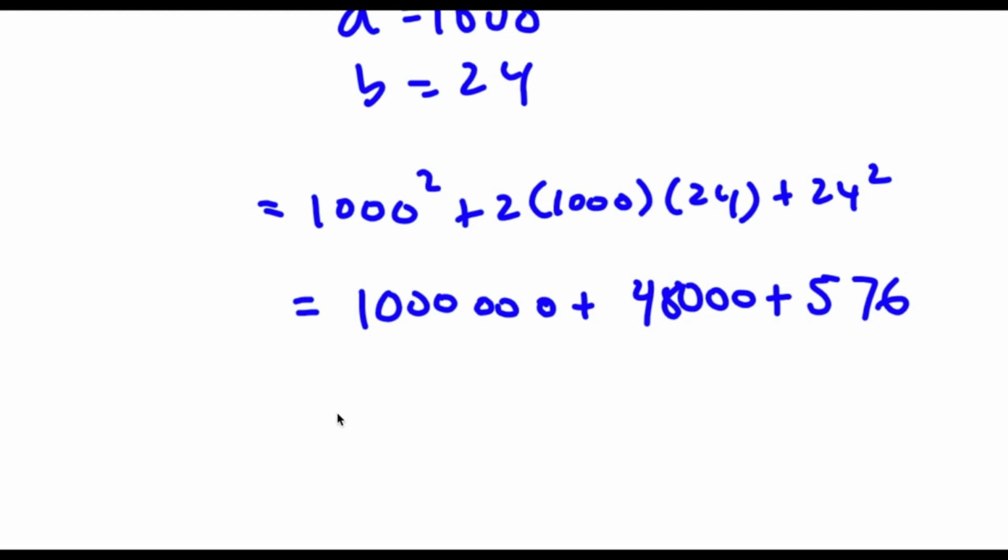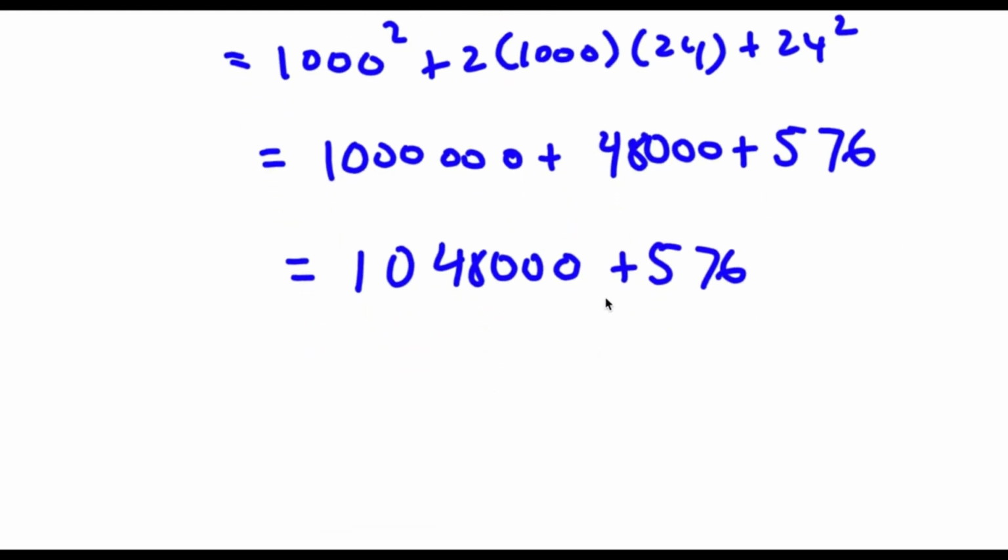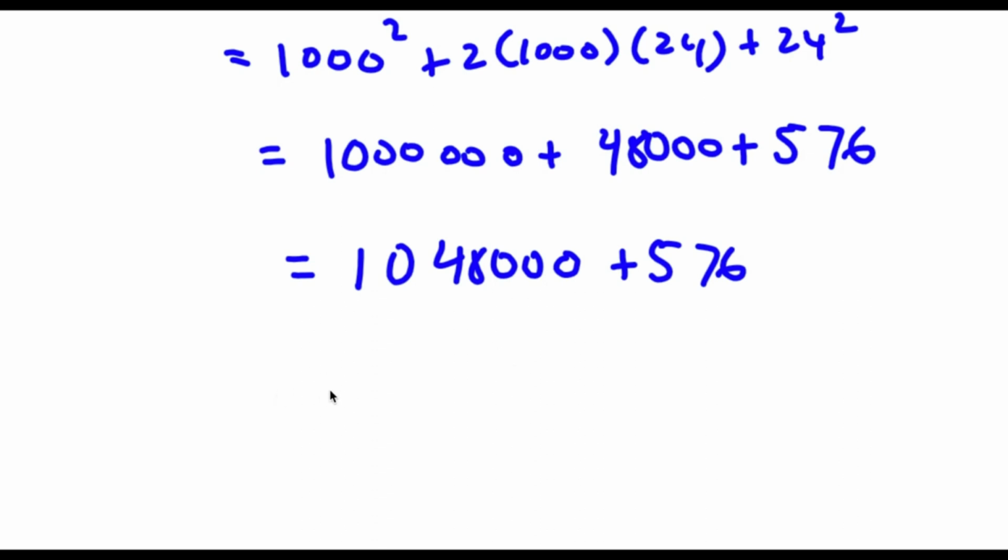Now, if I add all of these, well, 1 million plus 48,000 is simply going to equal 1,048,000 plus 576. And 1,048,000 plus 576, this is simply equal to 1,048,576.